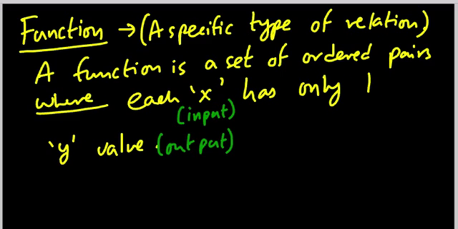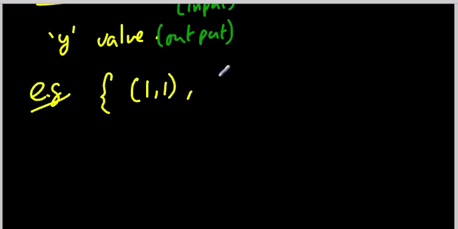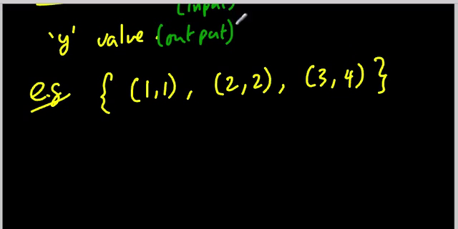So let me give you an example of a function. Let me use my set notation again. Say I have this set where I have (1, 1), (2, 2), and then (3, 4). If you observe, the ones I mark in red, these are the inputs.